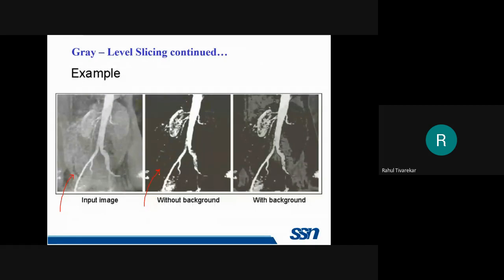So as per the application, either you can use this image or you can go for intensity slicing or gray level slicing, keeping or preserving the background. So the background is preserved in this case. As you can see, all the intensities in between A and B are highlighted, and those before A and after B are kept as they are.